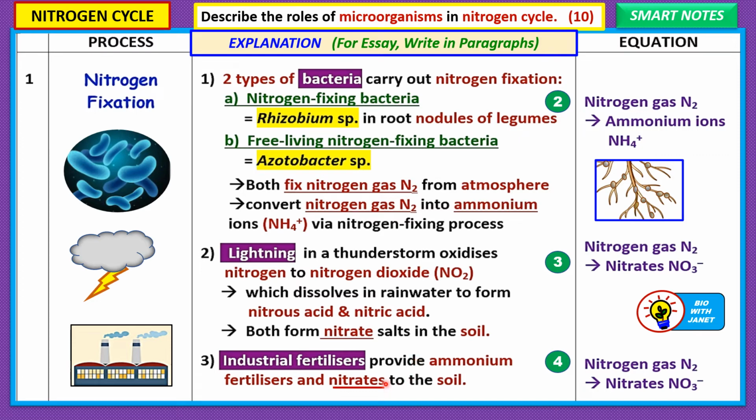Thirdly, industrial fertilizers provide the ammonium fertilizers and nitrates directly to the soil. Okay, so lightning and industrial fertilizers both form the nitrates in the soil. For bacteria, they form the ammonium ions in the soil, but these ammonium ions can be converted to nitrates by other bacteria.